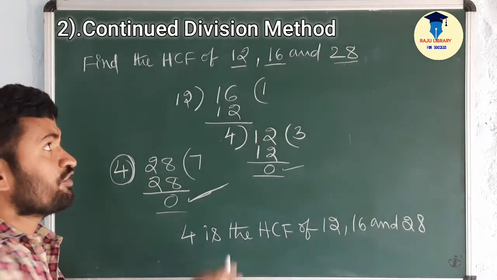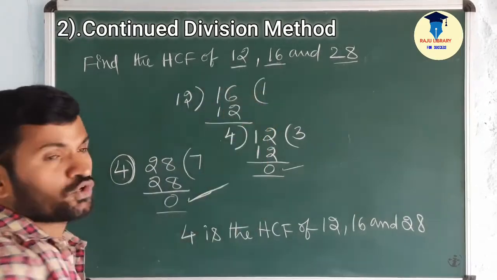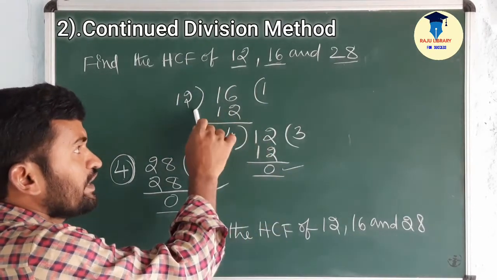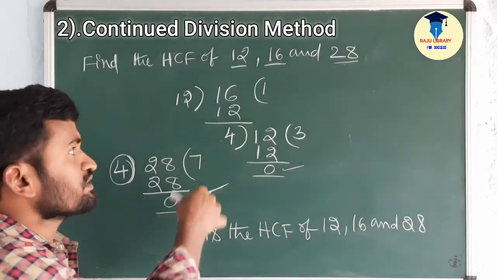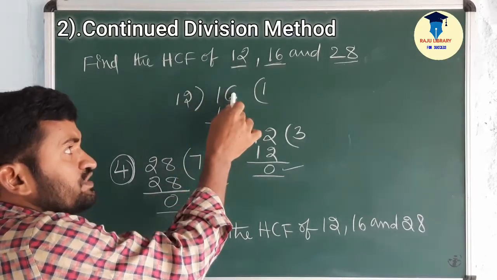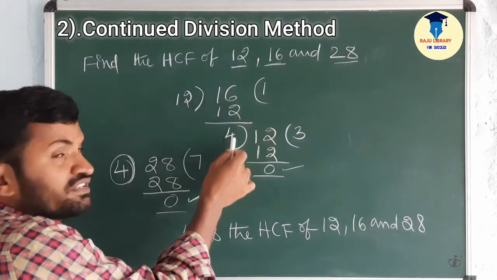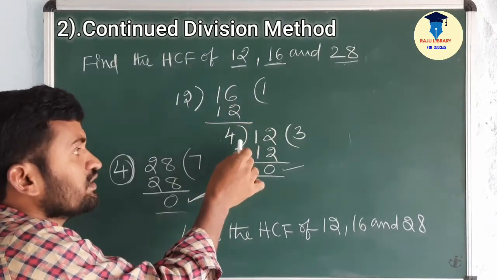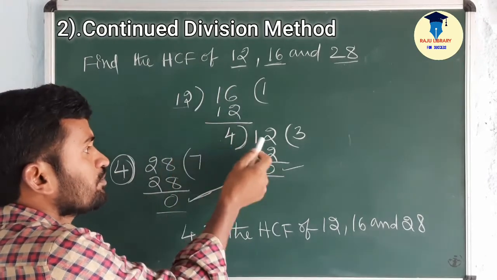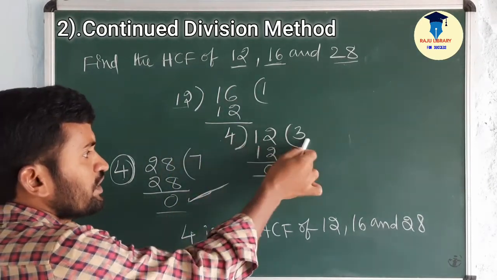It means first we take the first two numbers, the smallest numbers, and find the HCF of two numbers. We know that method. 12 as a divisor and 16 as a dividend. 12 1 ja 12. The remainder is 4. Here 4 becomes the divisor and the earlier divisor becomes the dividend. 4 3 ja 12.